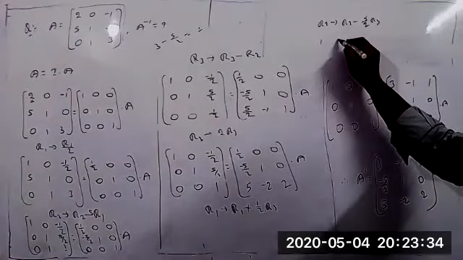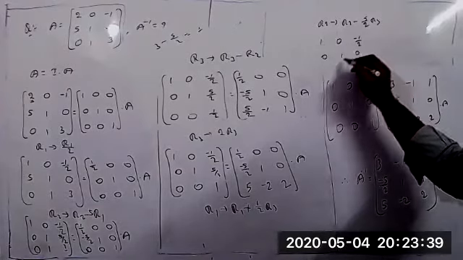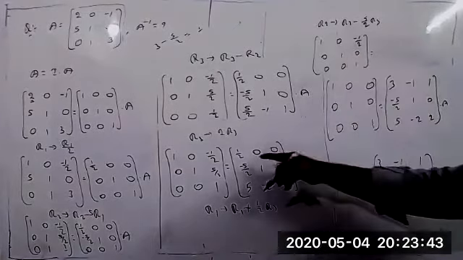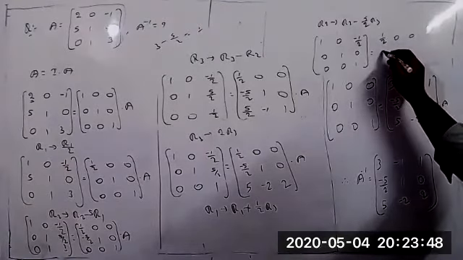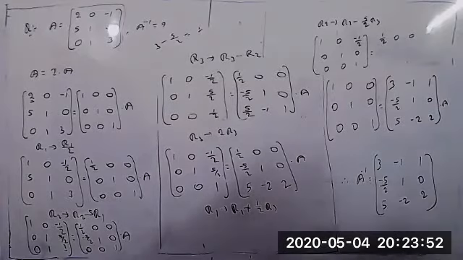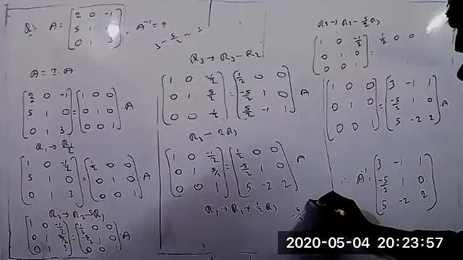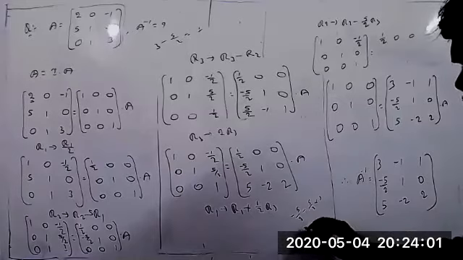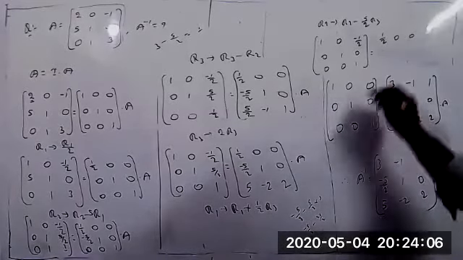So 1, 0, minus 1 by 2, 0, 1, 0, 0, 0, 1 we are getting. And it is equal to, you can write now, 1 by 2, 0, 0, and you can change this value now. R2 minus, that means minus 5 by 2 into 5. It is equal to minus 5 by 2 minus 25 by 2, so minus 15.